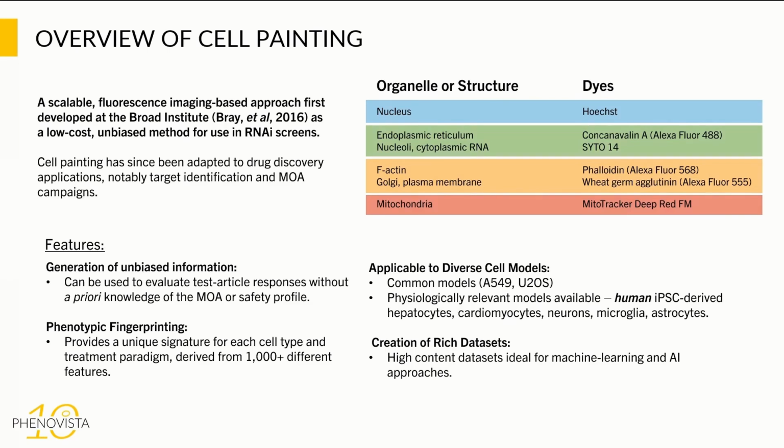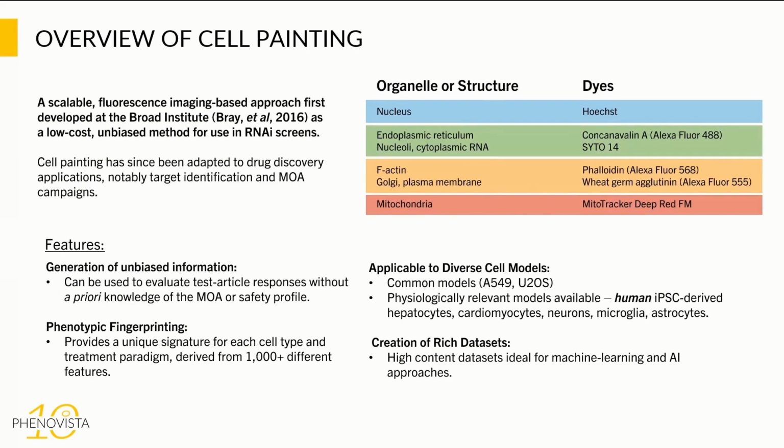When we run these assays, our clients can choose their reference library. For instance, if they think that their test article targets kinases, they can choose a library of kinase inhibitors and run their test article alongside that, and try to map the fingerprints that their test article induces to those induced by the various inhibitors in that library.